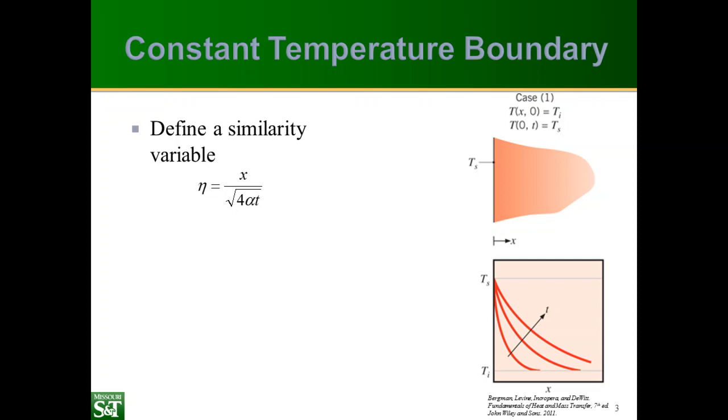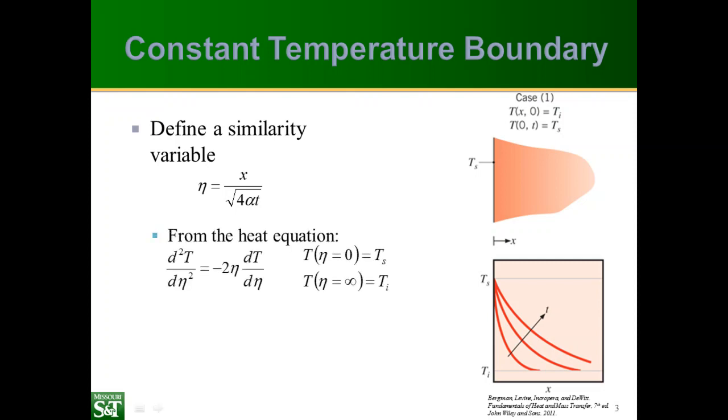And to make our math easier, we're going to add this factor of 4 under the square root. It really doesn't have any physical requirement. It's just to make the math a little bit easier. So when we do that, we get the heat equation, which is a little bit different because now we have absorbed the space and time components into eta. We can rewrite the heat equation as an ordinary differential equation just in terms of eta here.